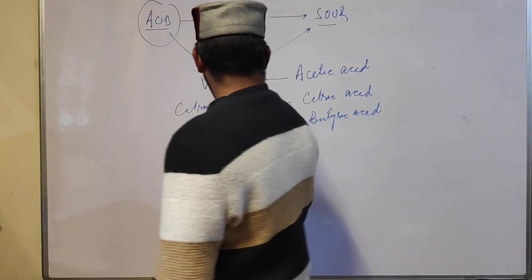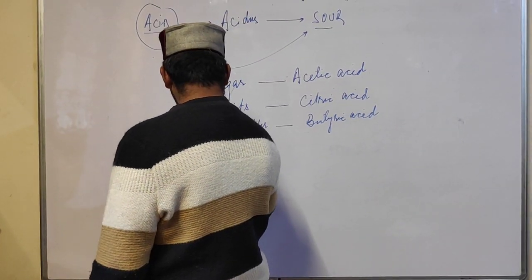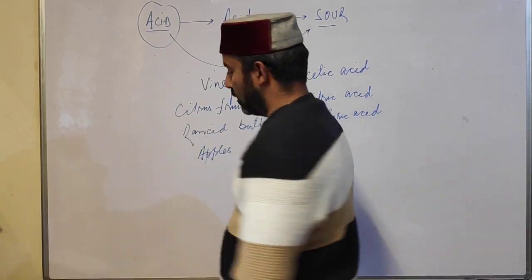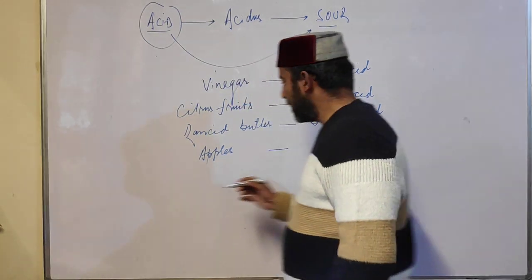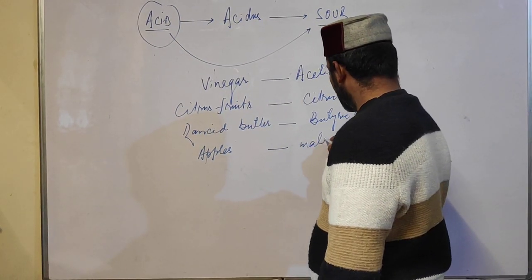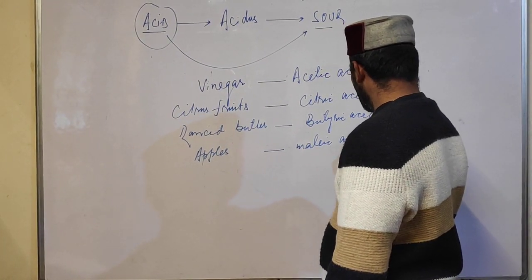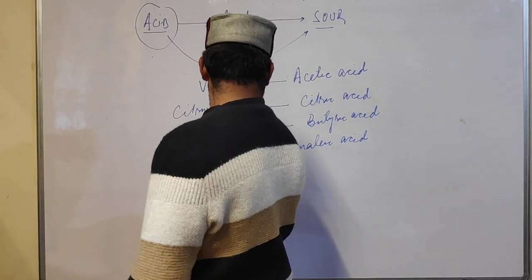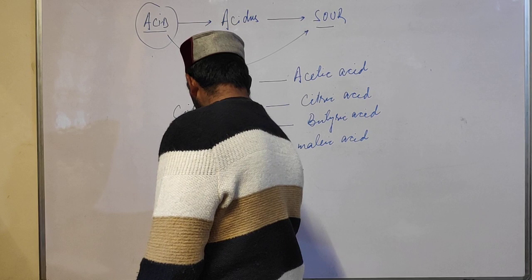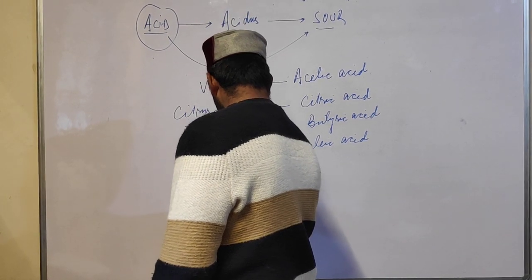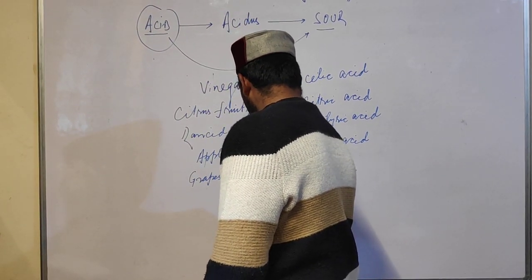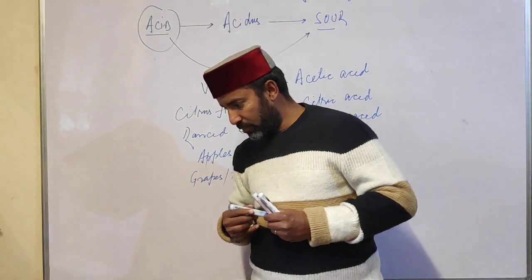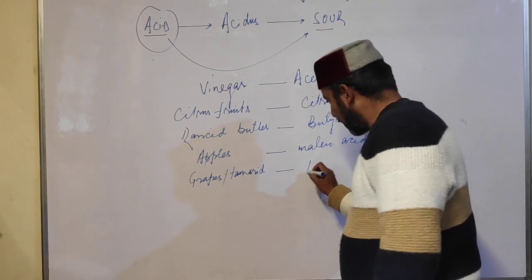Now apple contains an acid, malic acid. Now your grapes, tamarind, etc., they also contain an acid, which is tartaric acid.